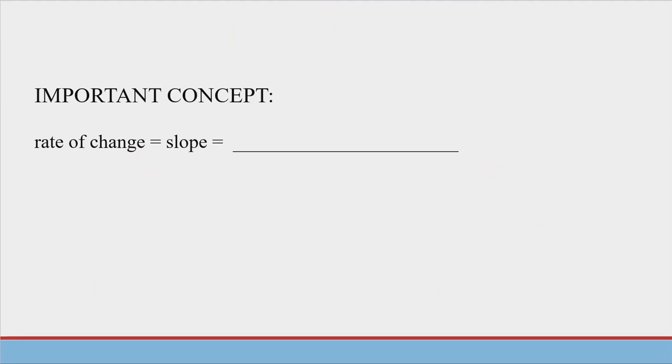Another review concept, super important, Algebra 1 concept, rate of change, also called slope, that is equal to, some people say rise over run. We're going to just list out every possibility here. Rise over run. Some people call that change in y over change in x.